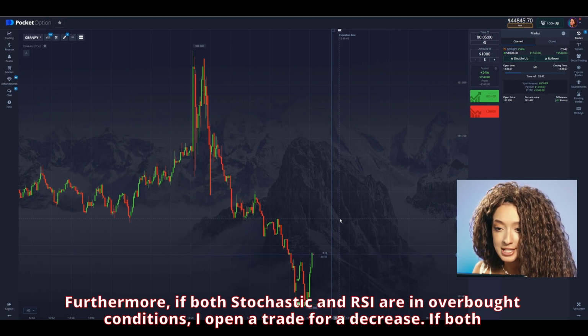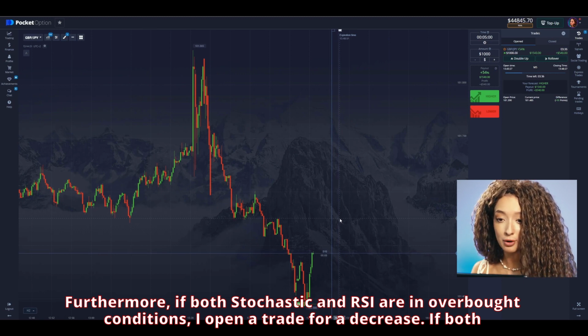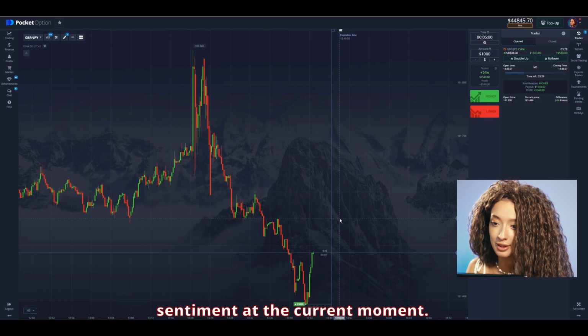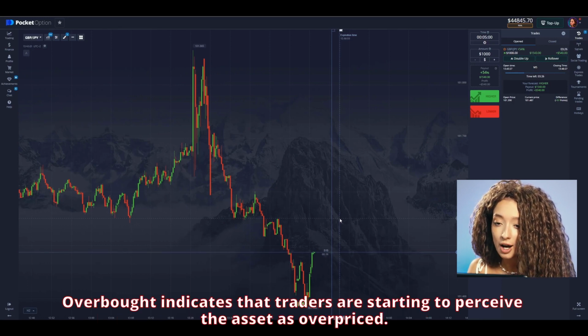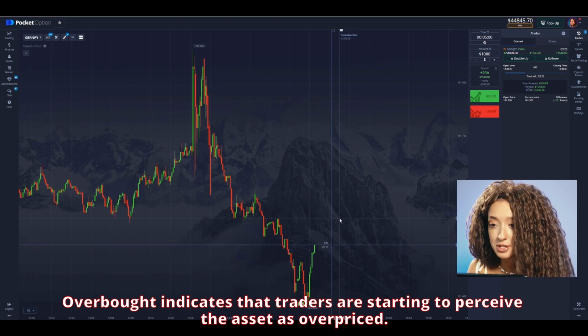Furthermore, if both stochastic and RSI are in overbought conditions, I open a trade for a decrease. If both are in oversold conditions, I open a trade for an increase. And of course, in general, the strategy informs us about the traders' sentiment at the current moment. Overbought indicates that traders are starting to perceive the asset as overpriced.